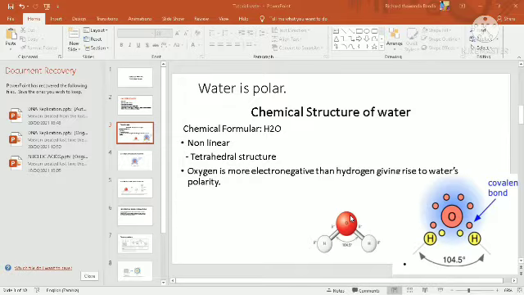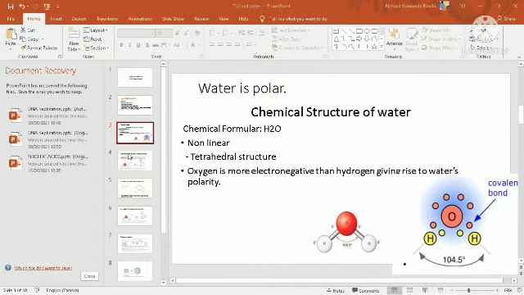And this polarity of water means that the oxygen and the hydrogen atoms in the water molecule are capable of interaction with other compounds. And these interactions are through hydrogen bonding. This hydrogen bonding is responsible for all the other properties of water.